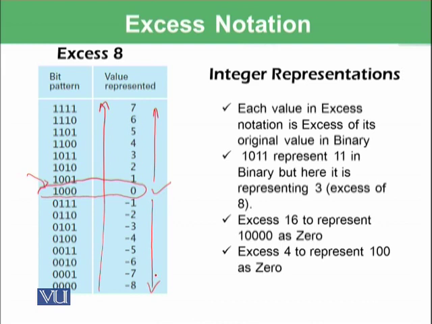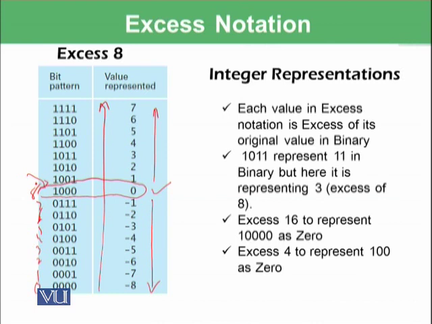This is called excess 8 notation because it is using the binary of 8 to represent 0. You already know this is 0 in binary, 1, 2, 3, 4, 5, 6, 7 and 8.